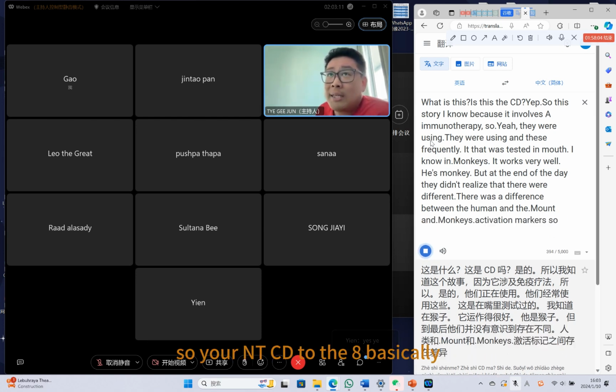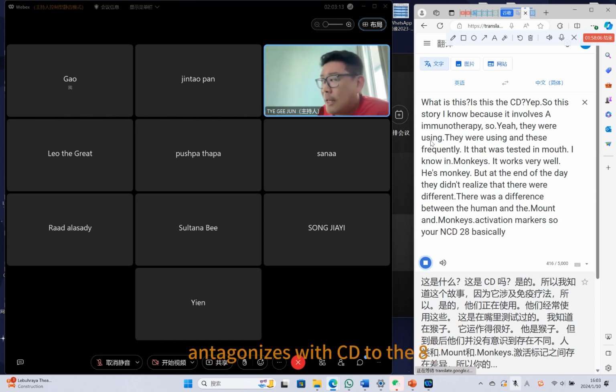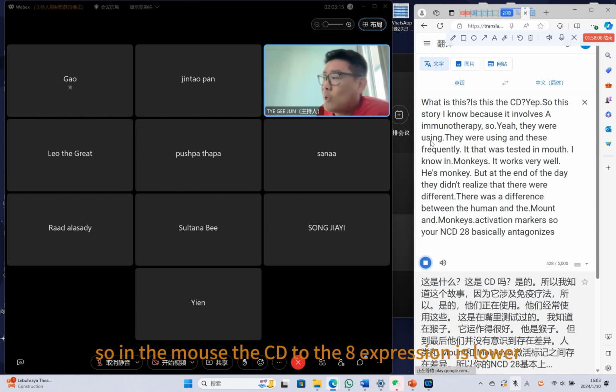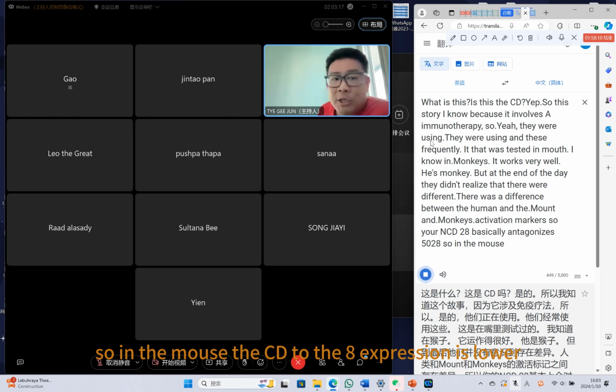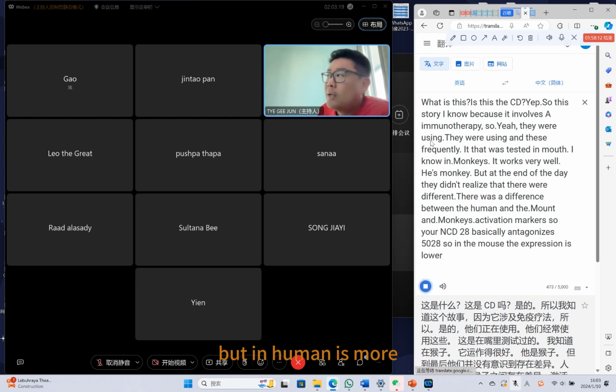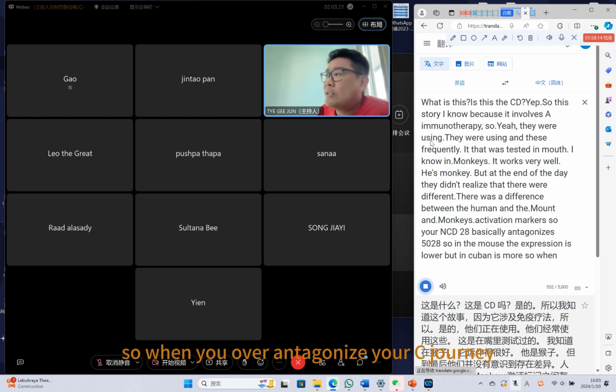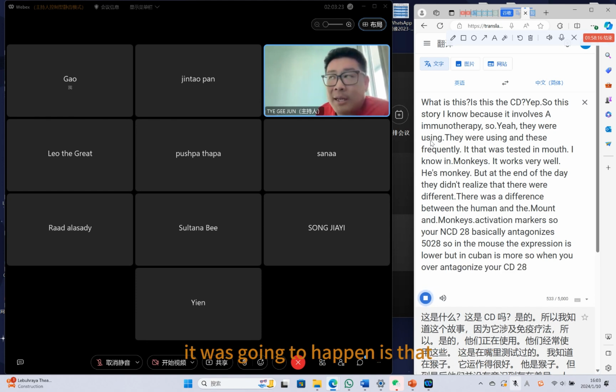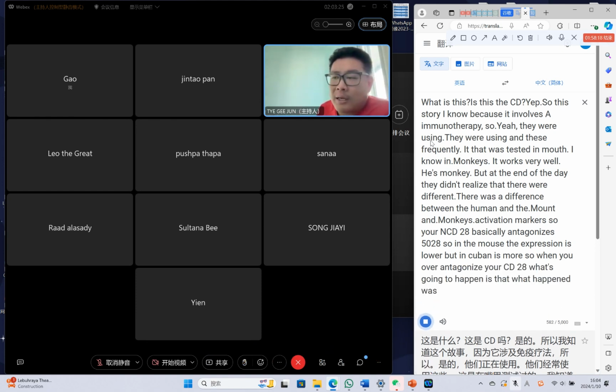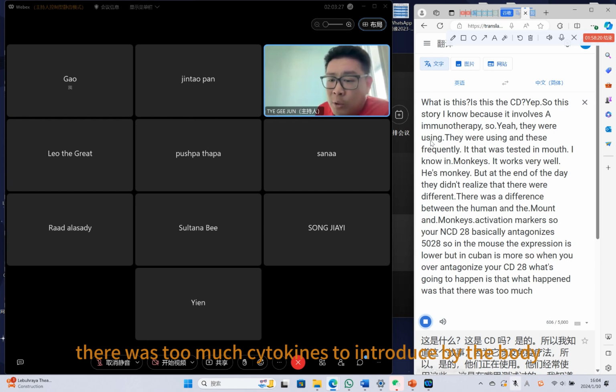Your anti-CD28 basically antagonizes CD28. In the mouse the CD28 expression is lower, but in humans it's more. So when you over-antagonize your CD28, too many cytokines were produced by the body.